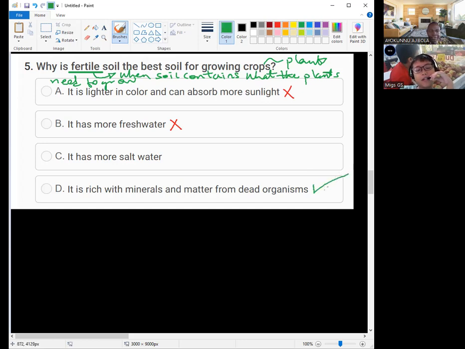Yes, that is correct. So it is rich with minerals and matter from dead organisms, that is organic materials. All right, let's go to the next question. So that means if a soil must be good for plants, it must be fertile, okay?